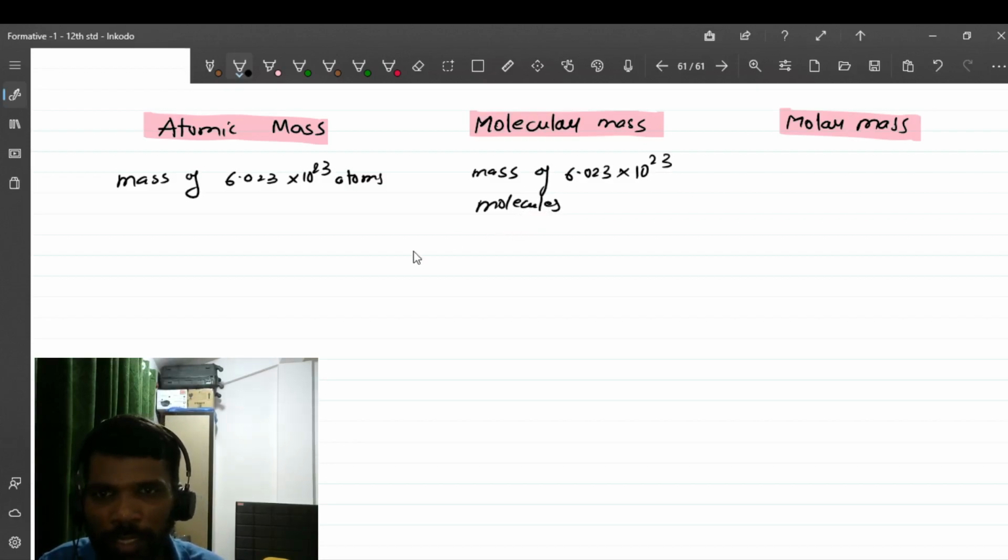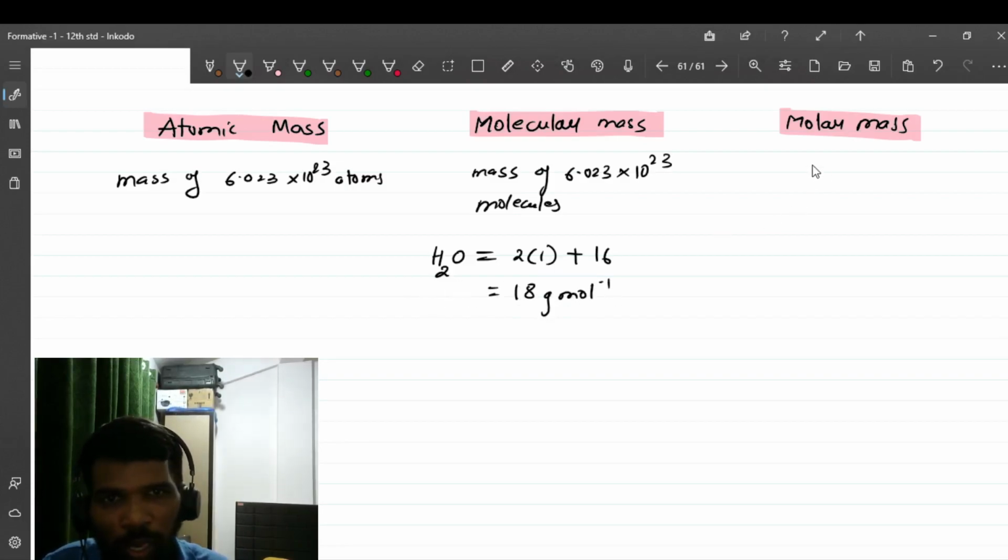Let's take the example of water, H2O. H2O's molecular mass will be 18, which means 2 into 1 plus oxygen 16. Two hydrogens into 1. So this comes to 18 grams per mole.